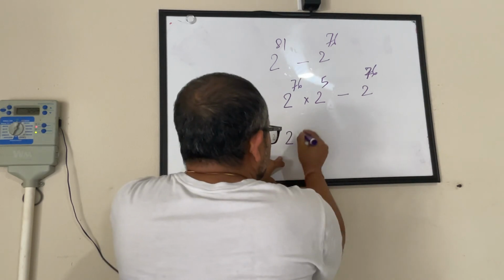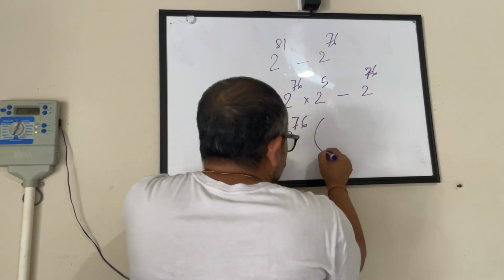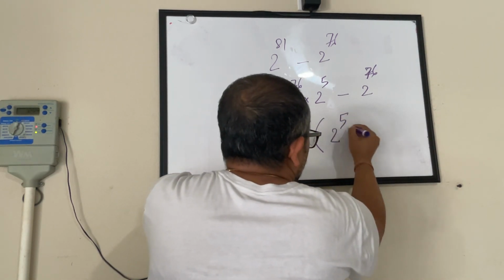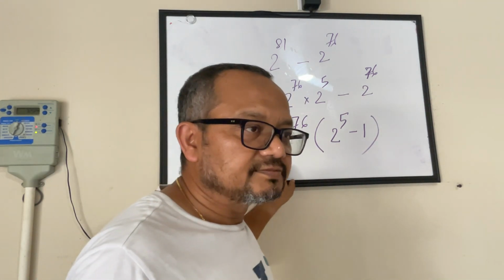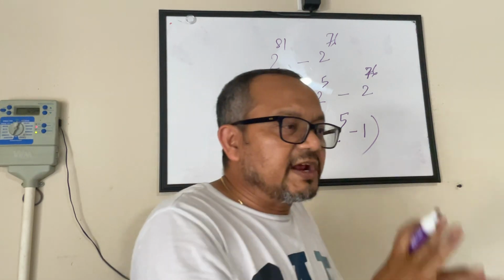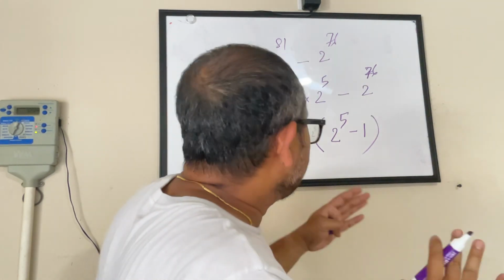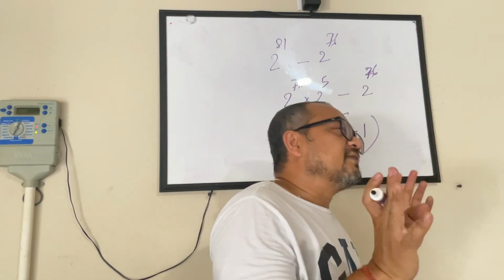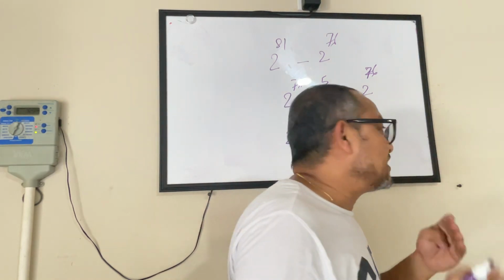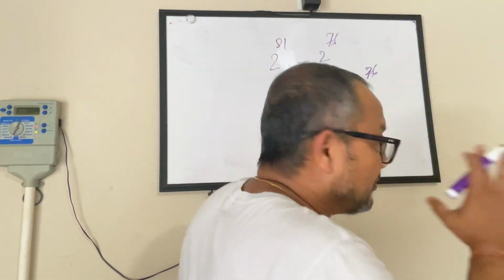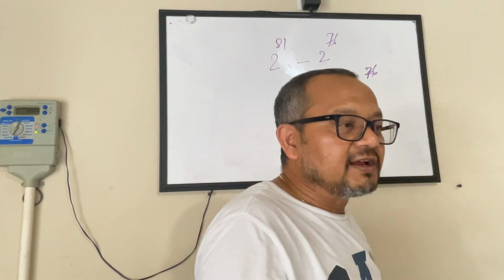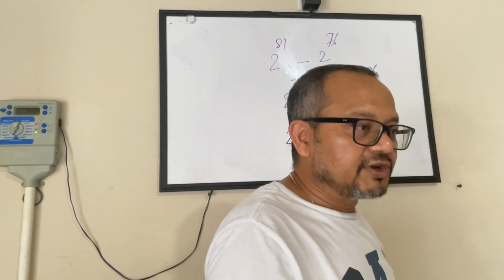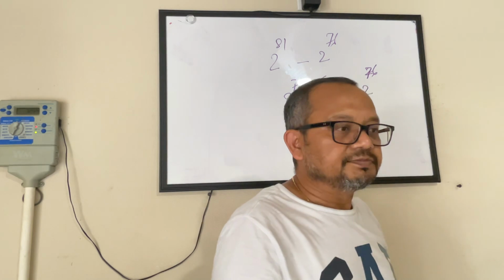So now you can take 2 to the power 76 out as a common step. We are doing factorization. We are trying to convert a plus b or a minus b into a product of two things. Okay? Yeah?